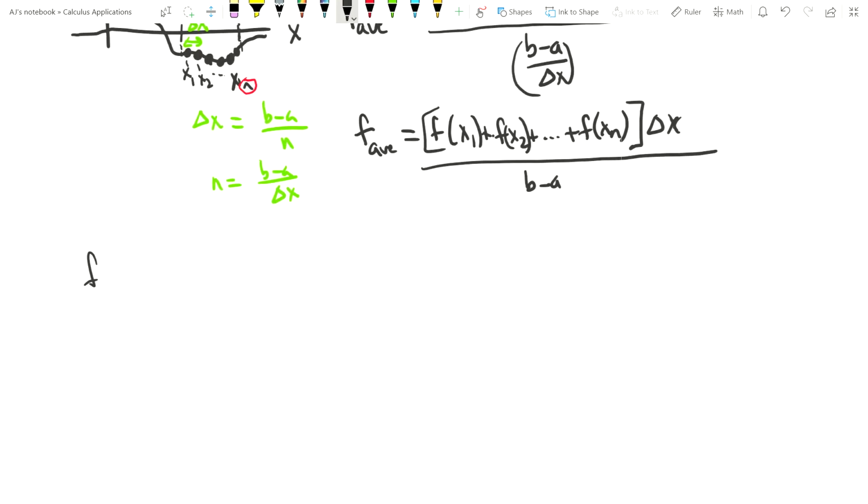So now the average value of the function, and this is the exact value, I'll write this in some absurdly pretty ink.